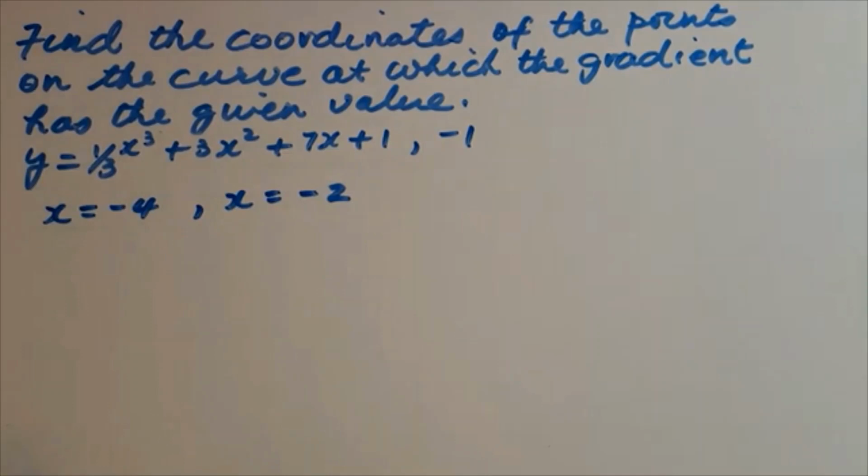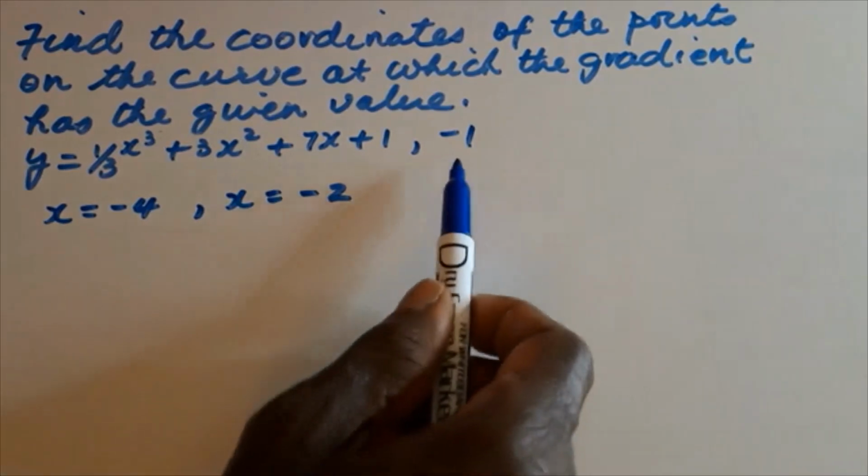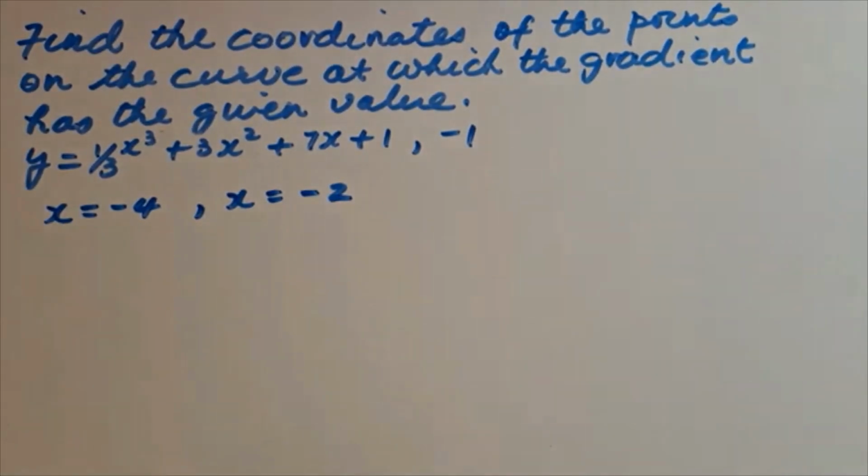So we've got to this point where we have two x values, -4 and -2. So at the point on the curve, y is equal to a third x cubed, add 3x squared, add 7x, add 1, where the gradient is -1, the x coordinates are -4 and -2. So we just need to go ahead and find the y coordinates.